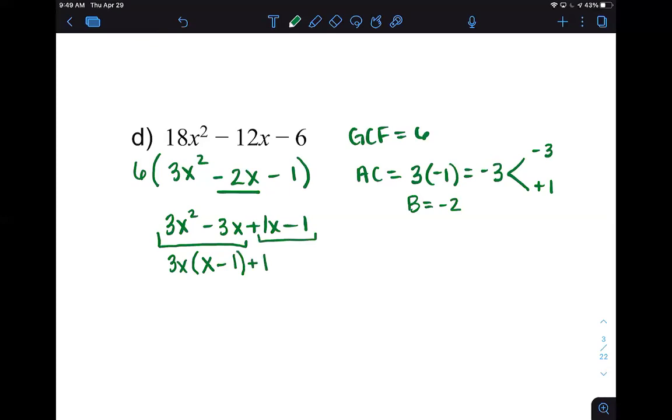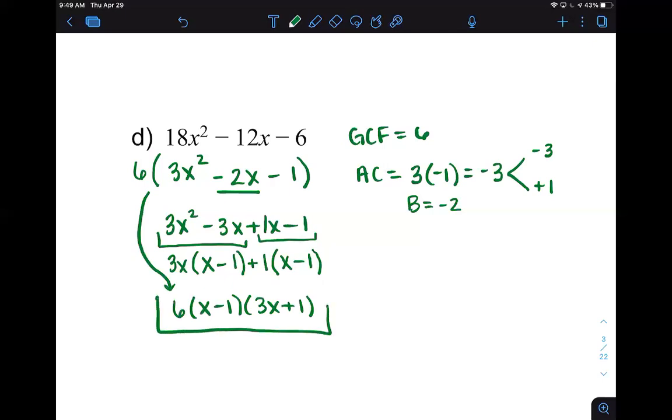Just 1, because they don't both have an x. And then divide, and we're left with x minus 1. So our factored form is x minus 1 times 3x plus 1. But what are we missing? The 6. Bring that down. Questions with that?